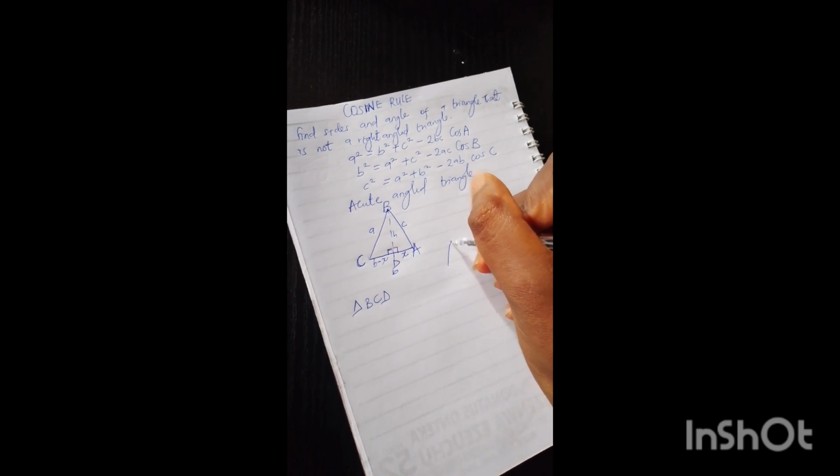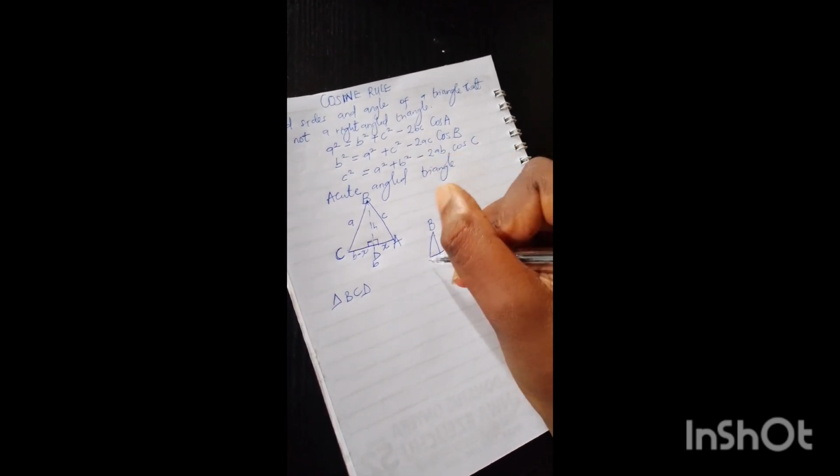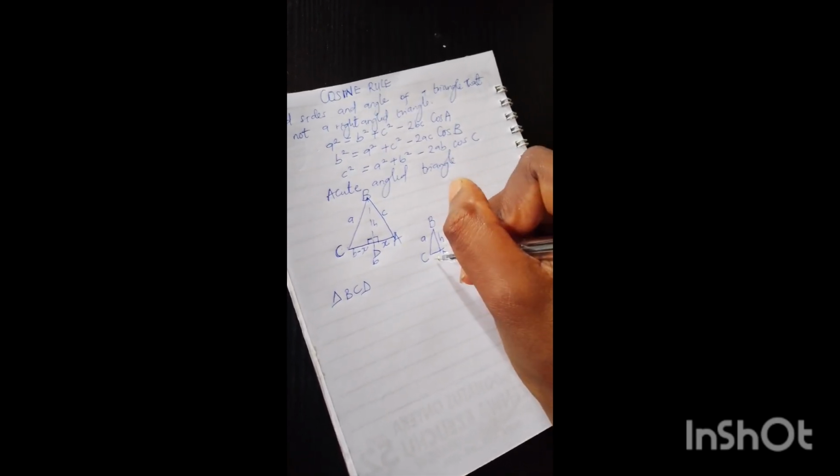So now remember, this triangle BCD, if I should extract it from the acute triangle that I have here, I'm going to be having something like this. Don't mind my sketching, please. So I'm having that this is B, this is C, and this is D. And right here is my small a. This is my h, which is the height. And this place is b minus x, which is the base.